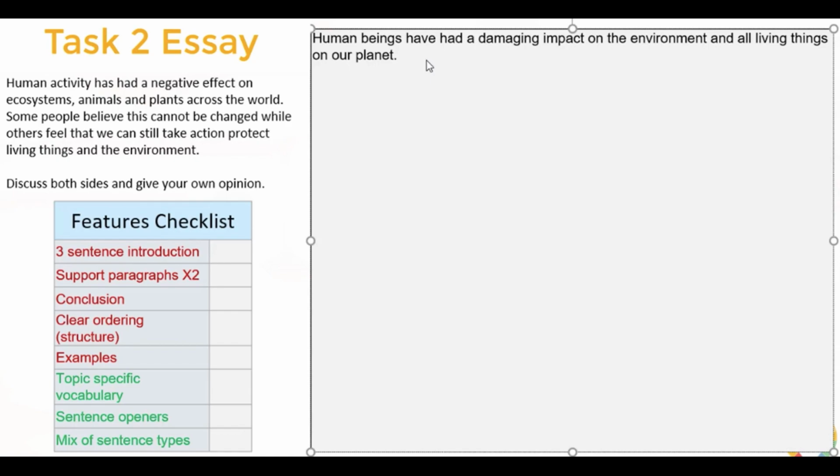We now move on to the plan sentence of the introduction, where we'll simply say what we will be doing in this essay. So, in this essay, I will discuss, as this is a discussion essay, both sides of public opinion to helping or not helping protect the environment further.